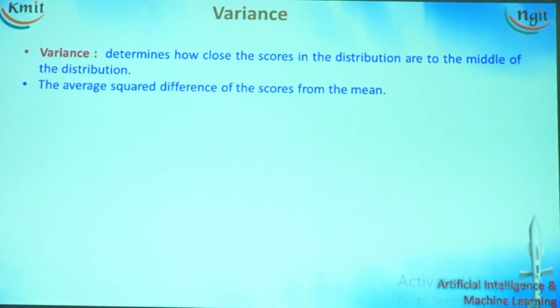Next is variance. You might have heard a lot about mean and variance while dealing with your high school. Many times you have seen mean denoted by which symbol? Mu.